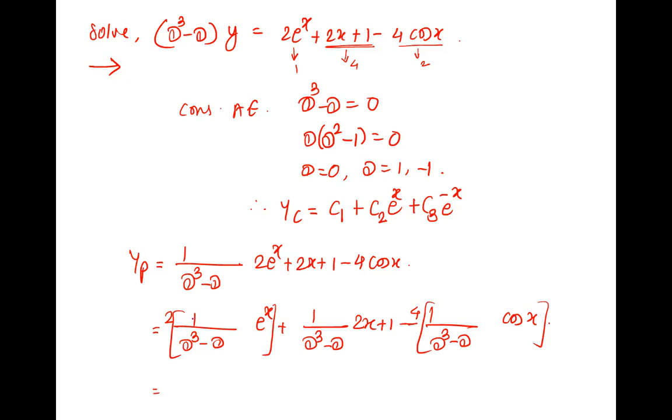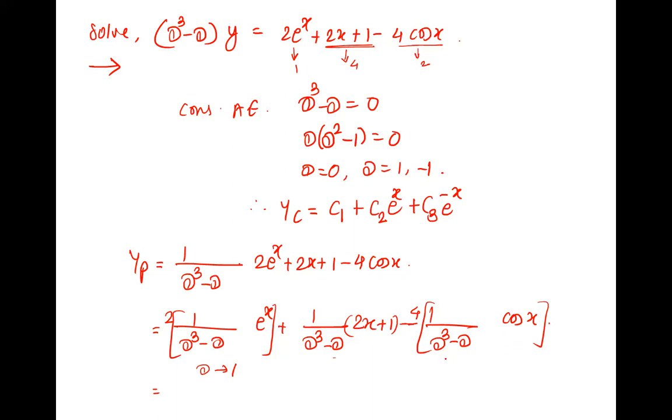Now this is purely case 1. And what do we do here? Replace D by a. What is a here? 1. Very good. This is a polynomial, so what can we do here? Take D common, with its sign, so minus D. Perfect.